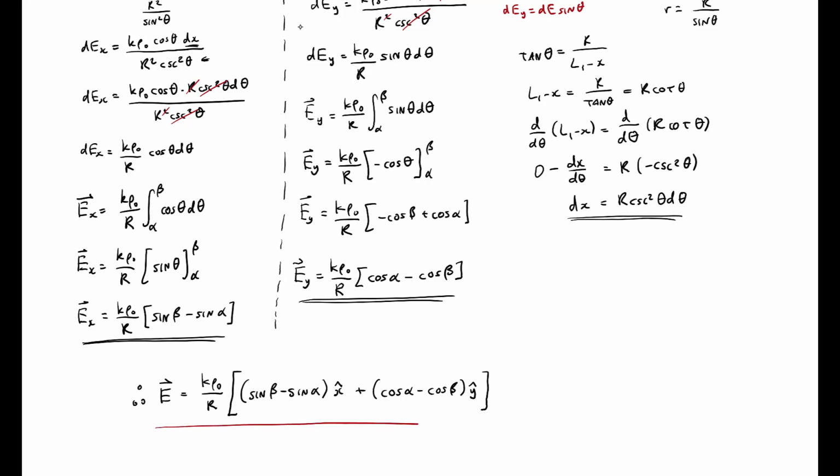And that would be your final answer because the electric field is defined in both the x and y directions, and there's no way we can cancel out any one to make it more simple.